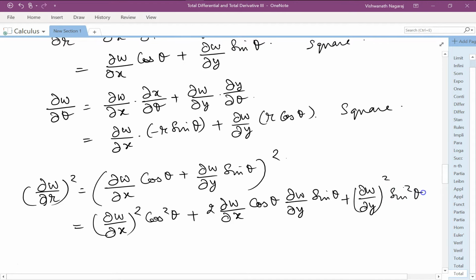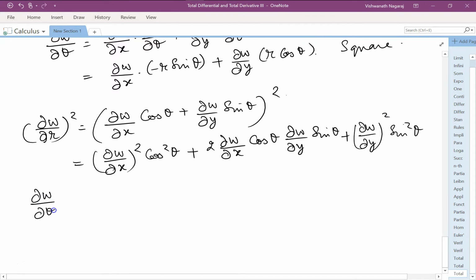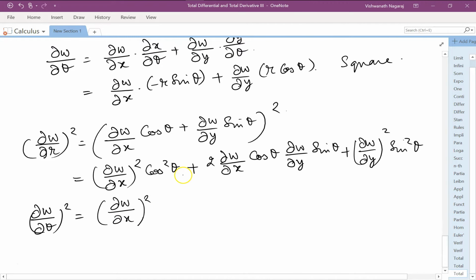Okay, now (∂w/∂theta) the whole square is equal to (∂w/∂x) the whole square times minus r sin theta. So when we square it, it becomes r² sin² theta, plus 2 times ∂w/∂x, and this becomes minus r sin theta, r cos theta.